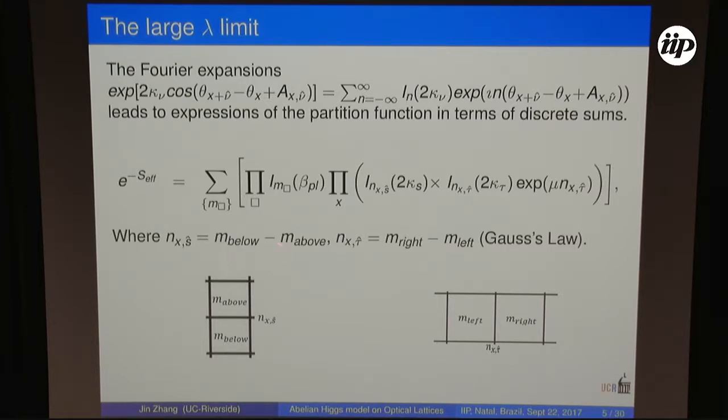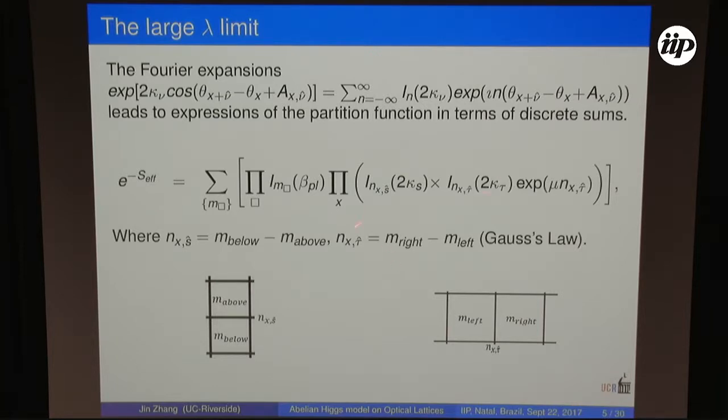We are happy about this because these n's and m's have physical meaning.